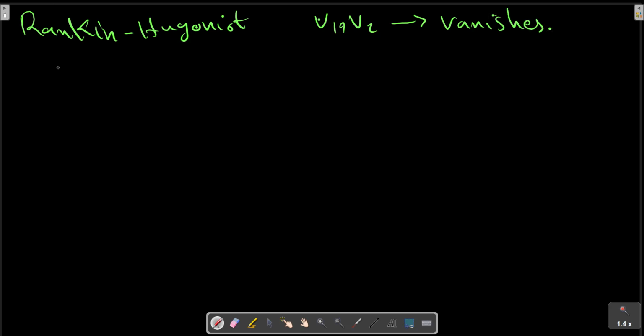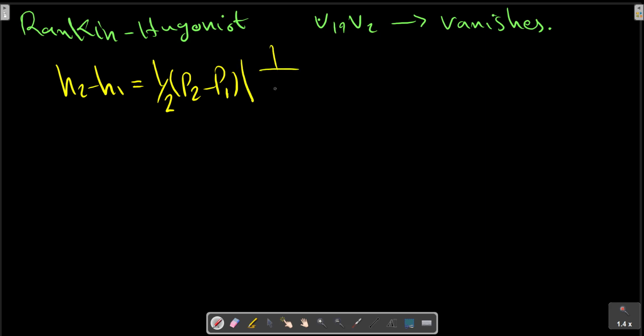So we have this relation: H2 minus H1 equals 1/2 of P2 minus P1 times the sum of the specific volumes. This contains only thermodynamic properties and is independent of the equation of state.